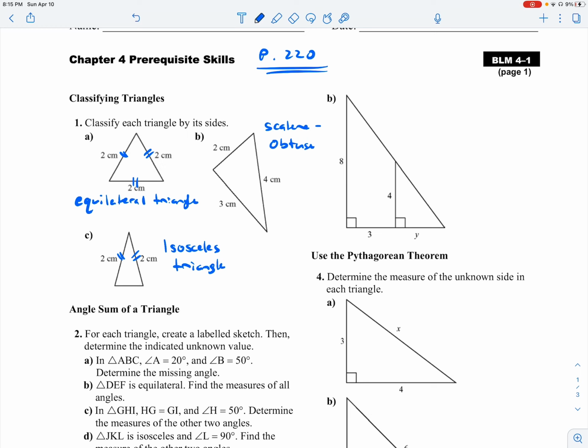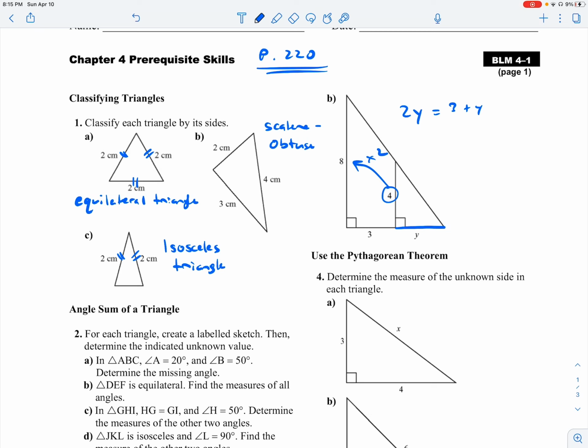So because we know that we're multiplying by 2 to go from this side to this side, we can see that that's our scale factor or our proportionality factor. That means this side y, if I multiply it by 2, I get the other length, which is 3 plus y.